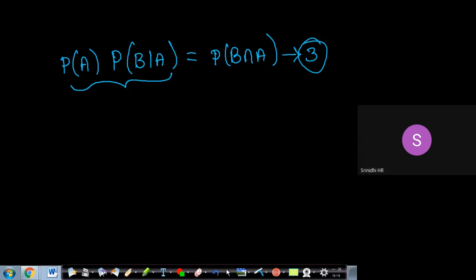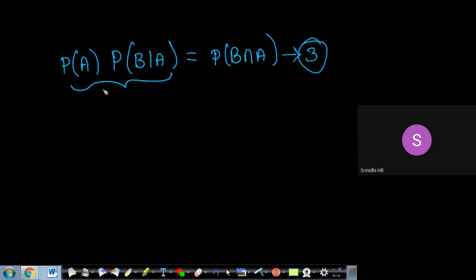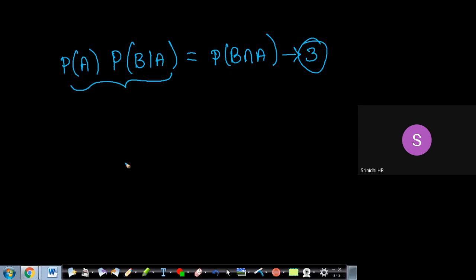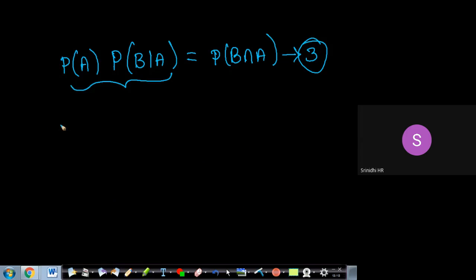Now go back to equation 1. There I have probability of B intersection A. Can I replace this B intersection A by this whole term? Yes, sir. Okay, so I'll replace it with this equation. Probability of A given B is equal to, what was the numerator?